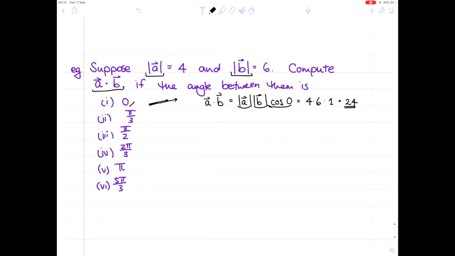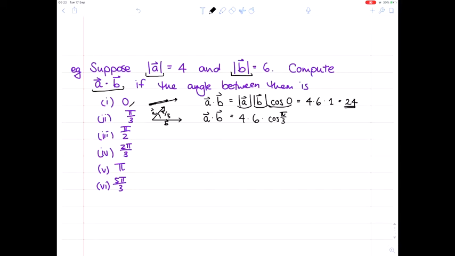So let's see what happens when we take the angle pi over 3. So pi over 3 is roughly 60 degrees. So we've got something like this. So we've got a B and an A, and that's pi over 3. And now let's have a look. A dot B is going to be equal to 4 times 6 times cos of pi over 3.